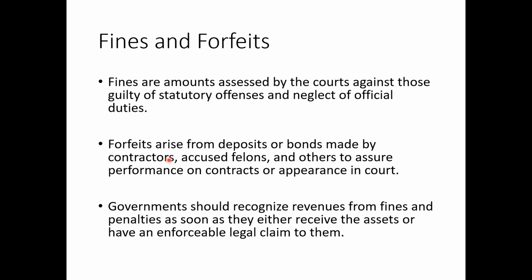And forfeits arise from deposits or bonds made by contractors, and so on. Governments should recognize revenues from fines and penalties as soon as they either receive their assets or have an enforceable legal claim to them.